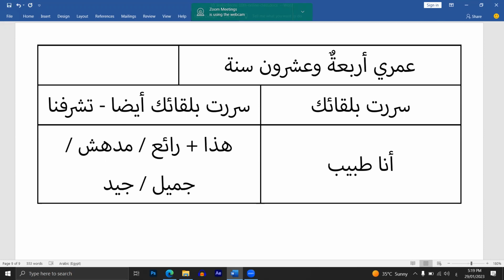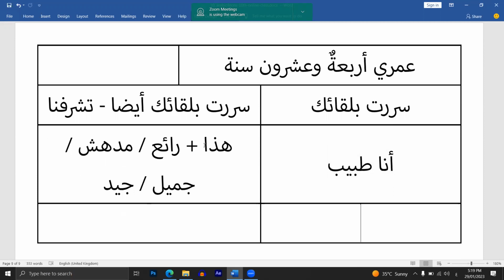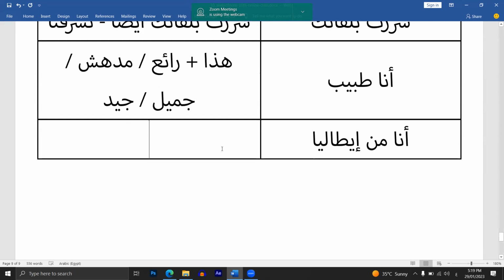Okay. And what else? Yes, talking about nationality. أنا من إيطاليا. Italia means Italy. This pattern is going almost in all the European countries. Italia, Espania means Spain. Almania, Germany.